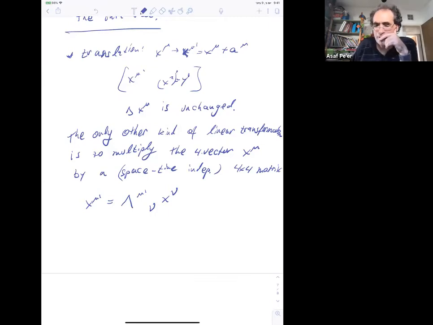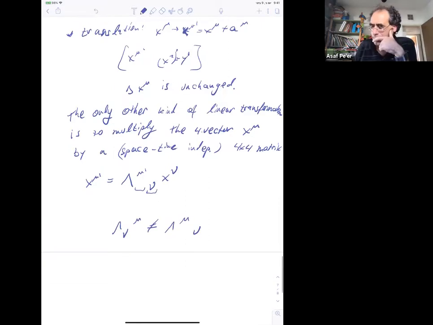It's not one above the other. There is a space here, like a slot. You put the first one mu prime, the second nu. This is not the same as this. It is meaningless if you try to put the indices one above the other.